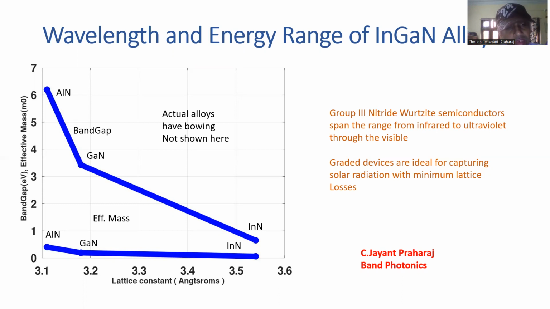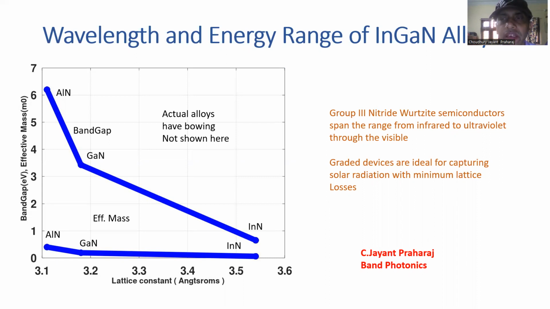However, there are quite a few devices of different kinds that can be made from the aluminum gallium nitride system as well. And you can also see in the plot the effective mass variation with the lattice constant. And you can see that the effective mass has the same kind of trend as the bandgap.